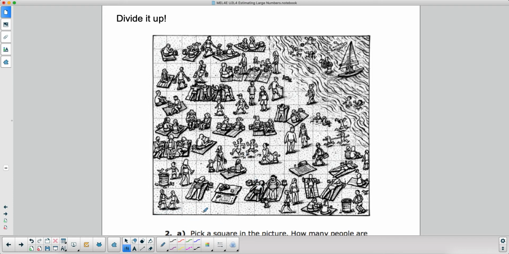So 1, 2, 3, 4, 5, 6, 7, 8, 9, 10, 11, 12, 13, 14, 15. There's 15 across there. So let's divide it into 3 groups of 5. And then up the side, we have 13, so I'm going to do groups of 4.